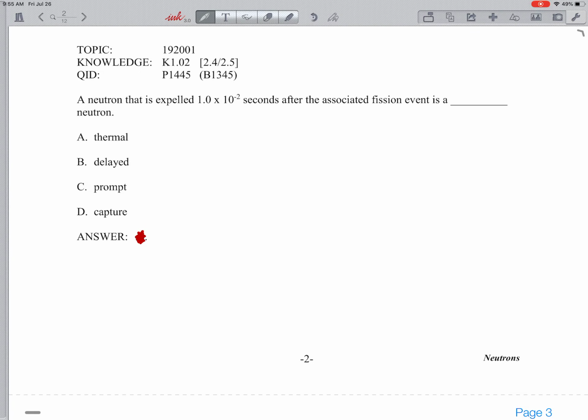Next question. A neutron expelled 1 times 10 to the minus 2 seconds after the associated fission event is a blank. All right, so this is going to be a timeline question, and it's just testing, do you know the difference between 10 to the minus 2 and 10 to the minus 14? So here is 0 seconds.